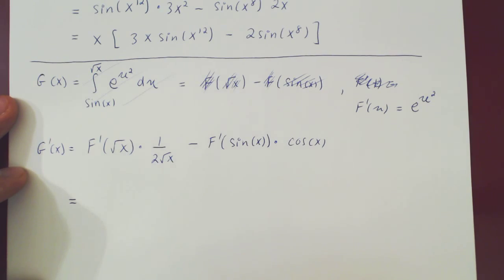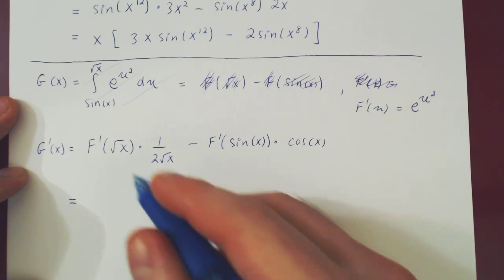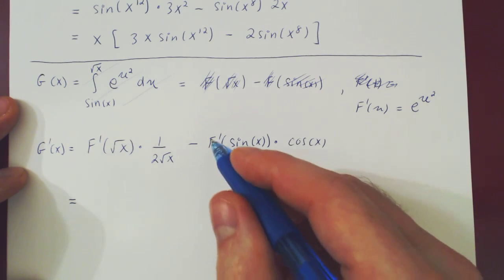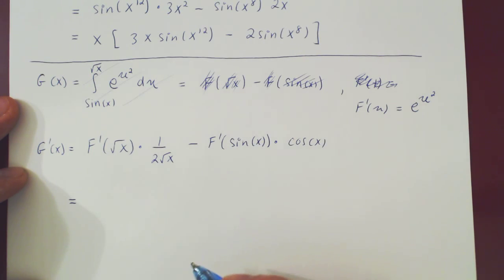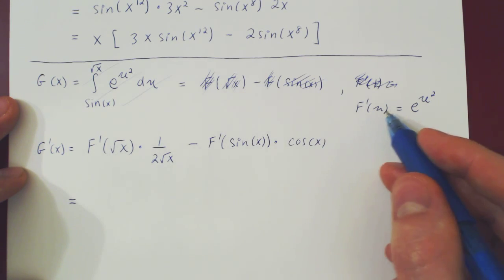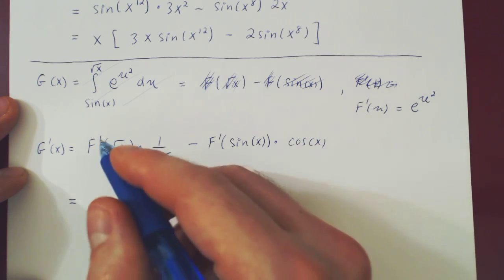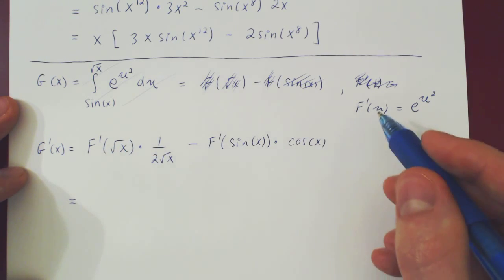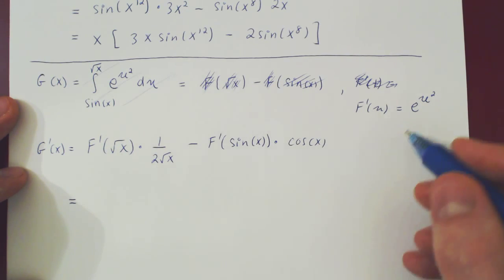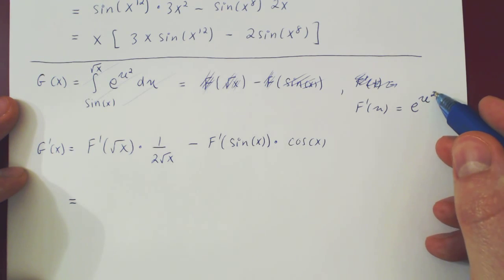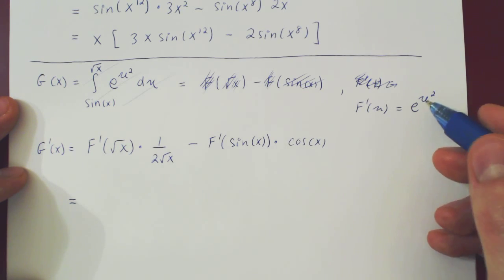Once again, we now have to make a substitution. We want f prime of root of x and f prime of sine of x, we just replace. F prime of u is e to the u squared for any u. We are now replacing u by root of x. So we get e to the root of x all squared, but root of x squared is just x.